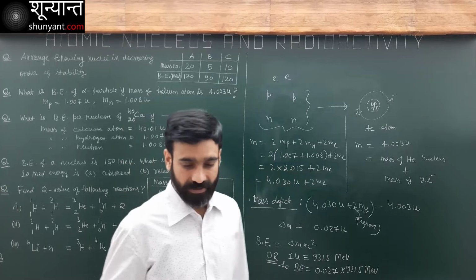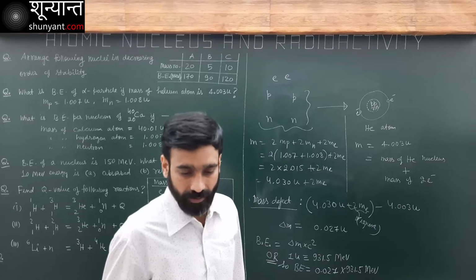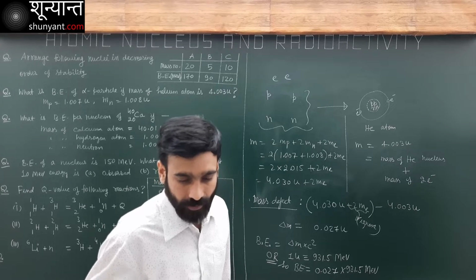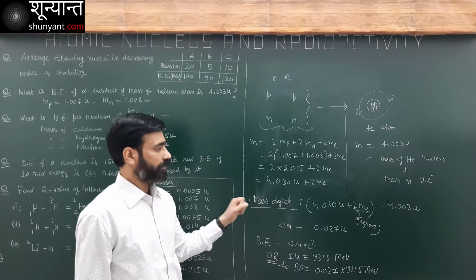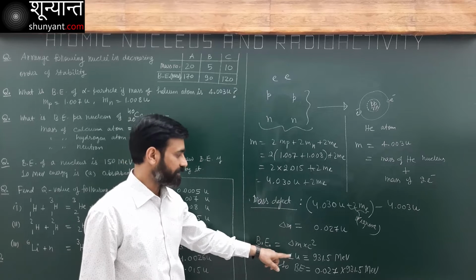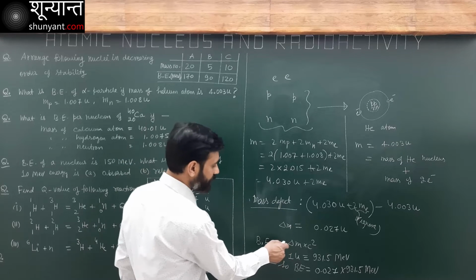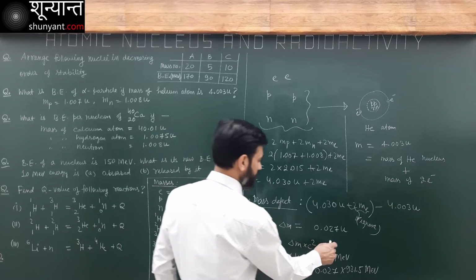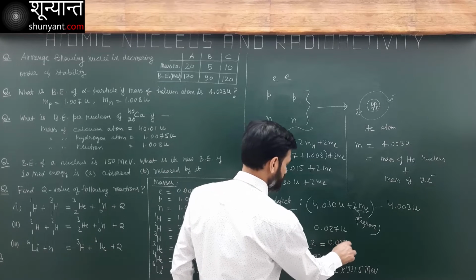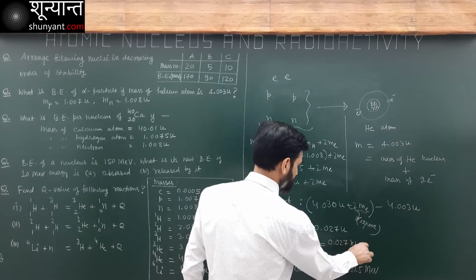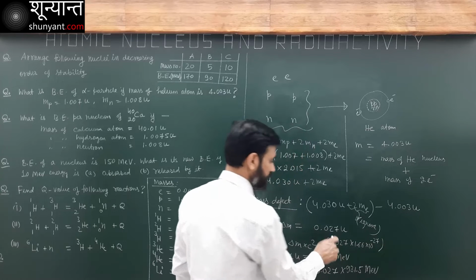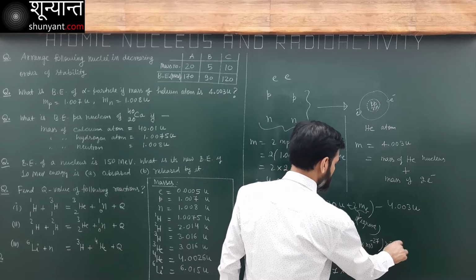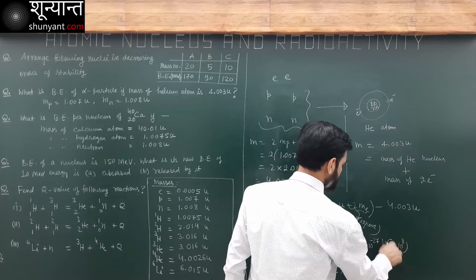Try to make sense out of this. Do you understand this? Either you make this calculation: 0.027 into 1.66 times 10 to the power minus 27 kilogram, into 3 times 10 to the power 8 squared.